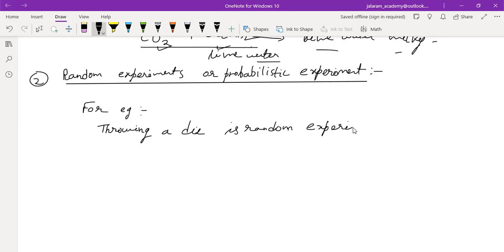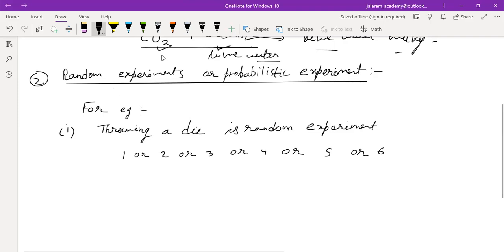Either it comes up with 1 or 2 or 3 or 4 or 5 or 6. Possible outcomes are 1, 2, 3, 4, 5 or 6. Throwing a die is a random experiment. Understood, everyone? Yes, sir.